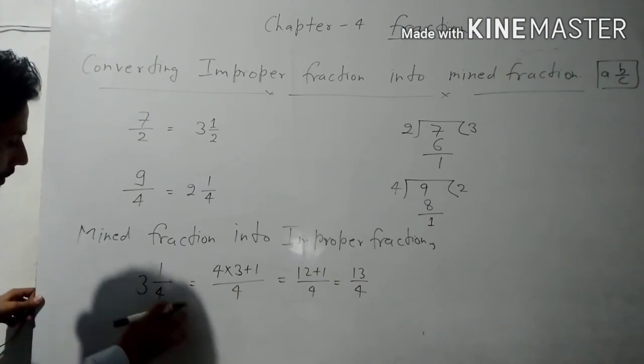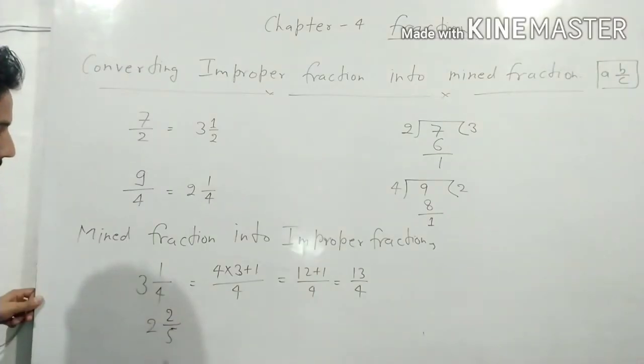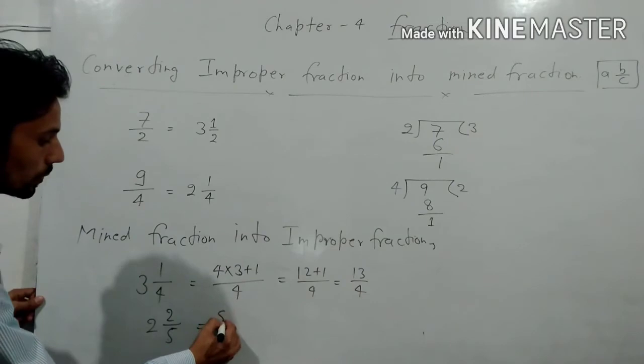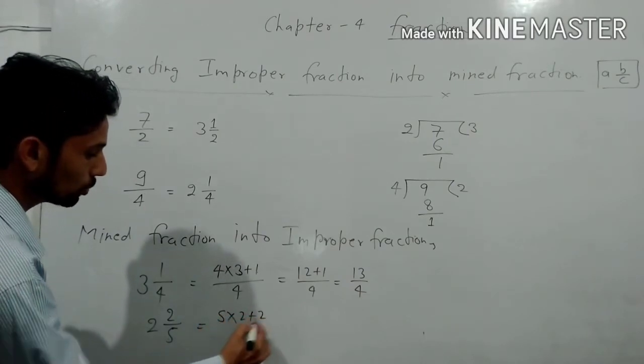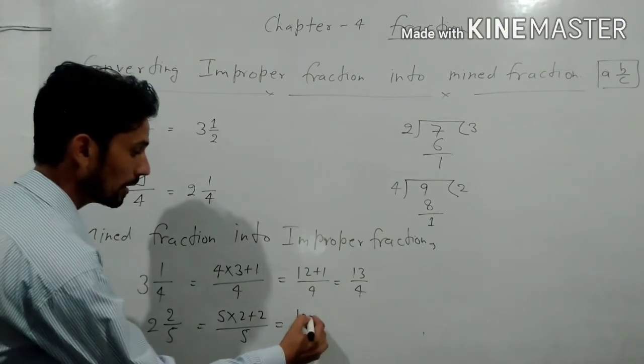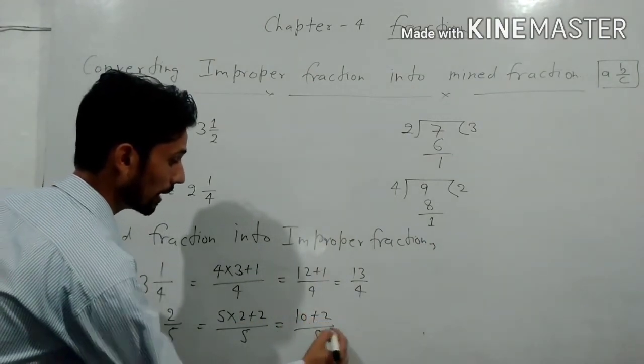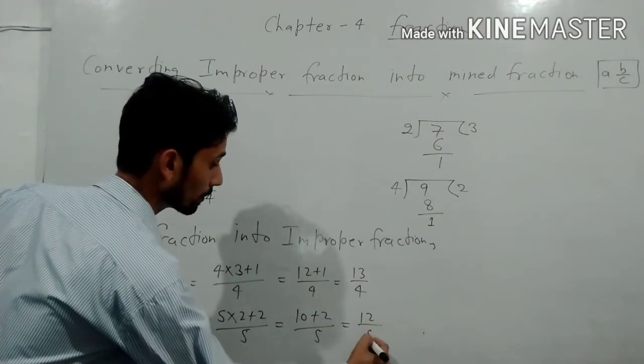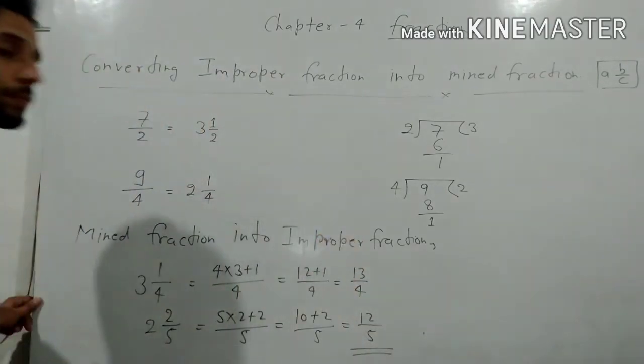Next, 2 2 upon 5. 5 multiply 2 plus 2 upon 5. 5 twos are 10. 10 plus 2 upon 5, that is equal to 12 upon 5.